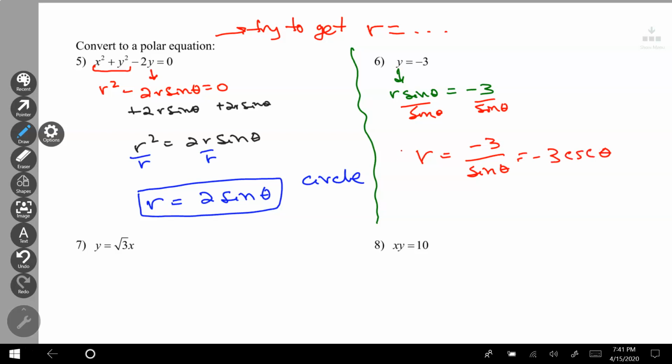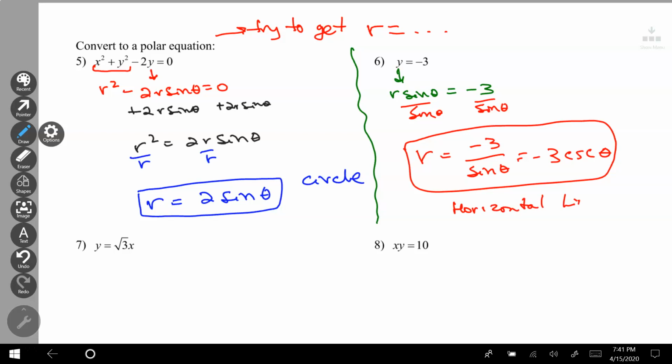You don't have to rewrite it that way, but it's a little bit neater. Y equals -3 is a horizontal line. Notice in 5 and 6, I started with x's and y's, and I finish up with r's and thetas.